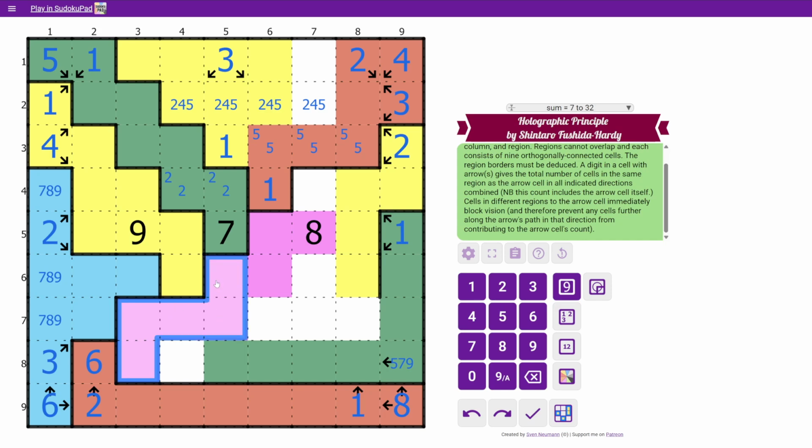One, two, three, 4, 5, 6, 7, 8. 1, 2, 3, 4, 5, 6, 7, 8, 9.